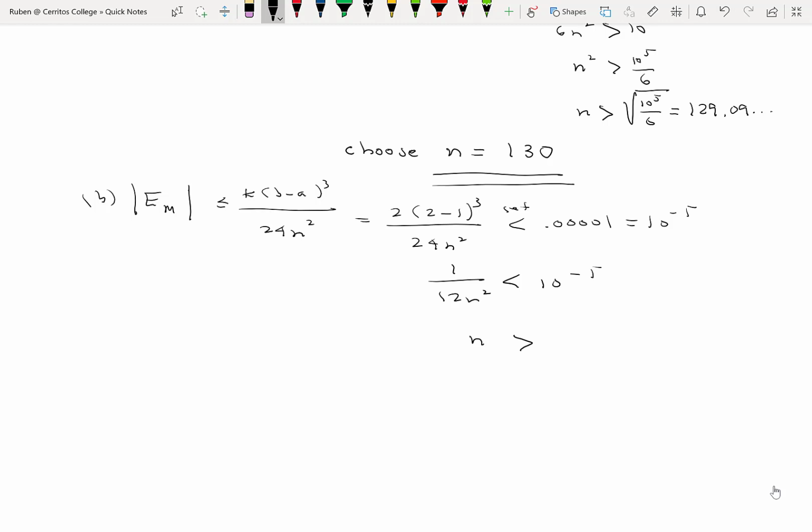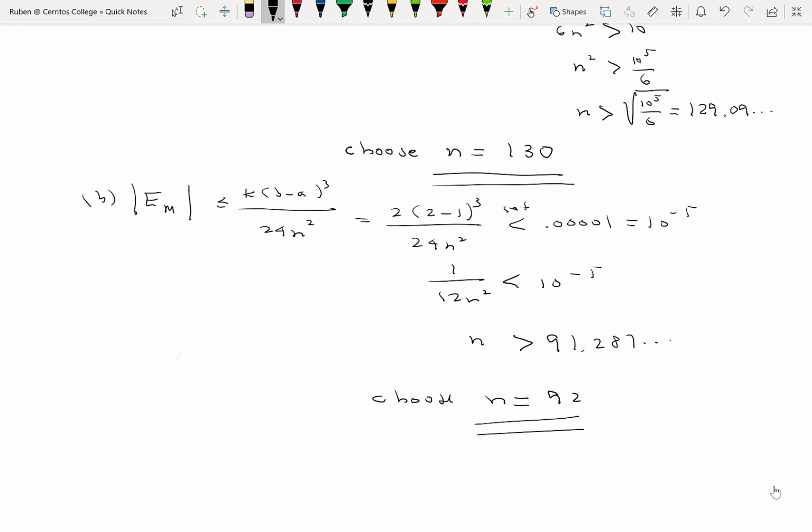So n needs to be greater than 91.287... So since n has to be an integer bigger than this number, I need to choose n to be 92. That's a whole lot fewer subintervals. That's a whole lot fewer computations necessary than the trapezoid rule to get the same accuracy.